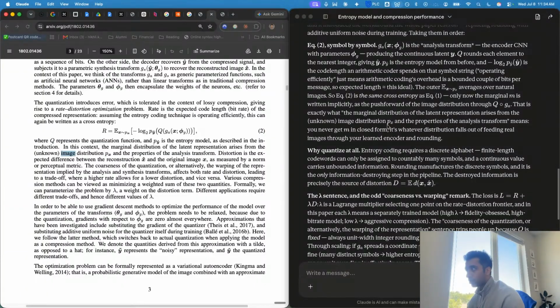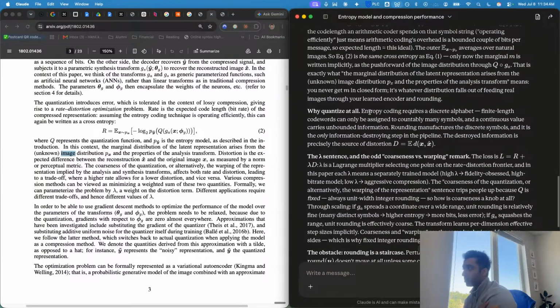Okay, so why quantize it at all? Entropy coding, yes. Okay. The destroyed information.